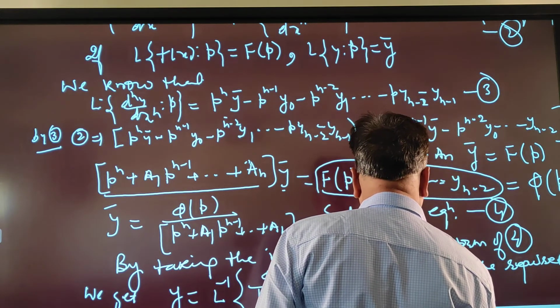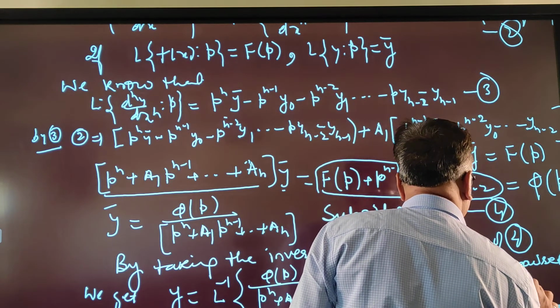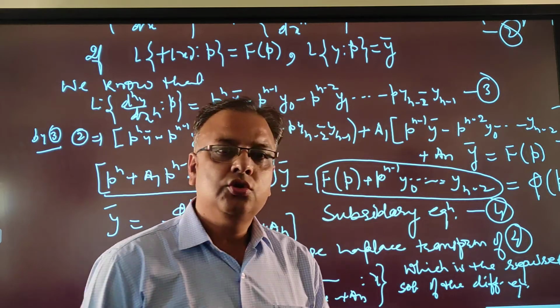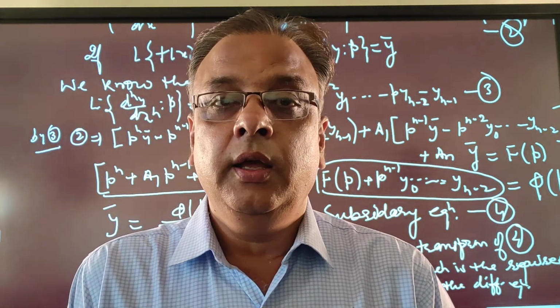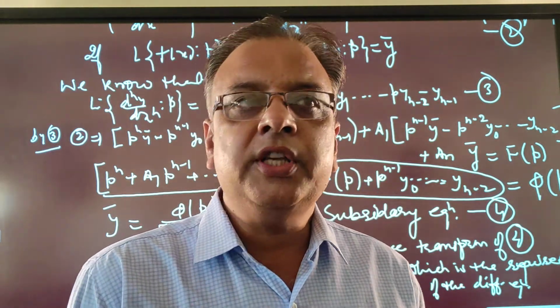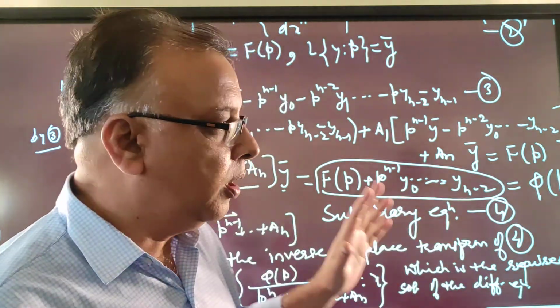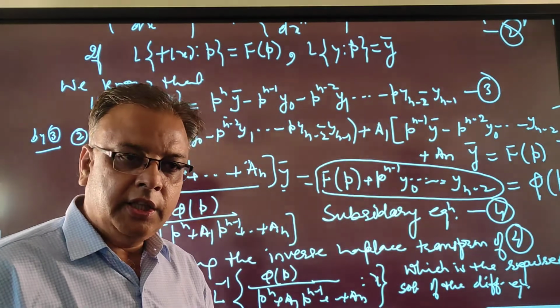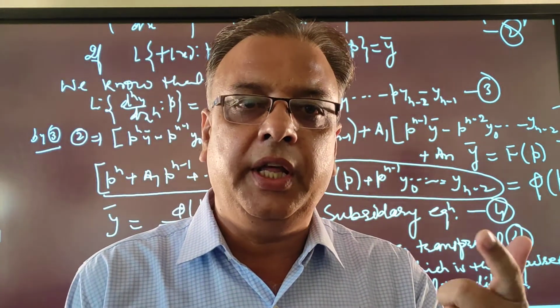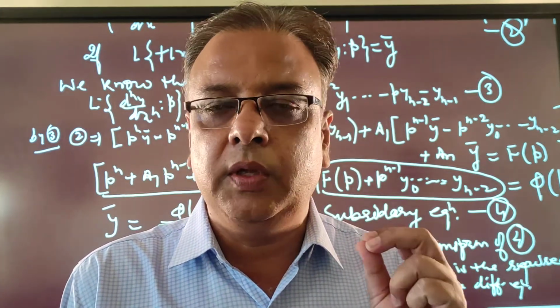which is the required solution of the differential equation. So in order to find the solution of an ordinary differential equation with constant coefficients, first we take the Laplace transformation of the given differential equation, then use the formulas for the Laplace transformation of the derivatives of the function.